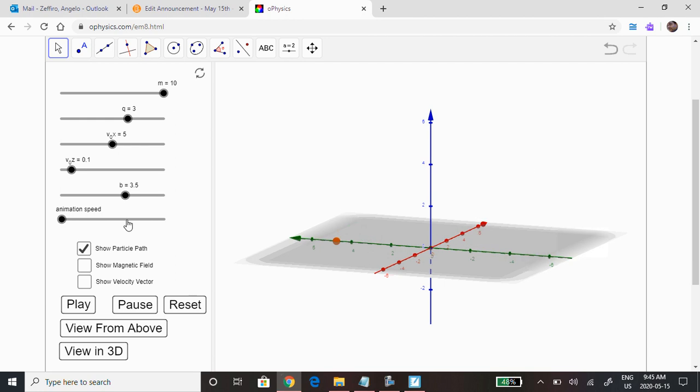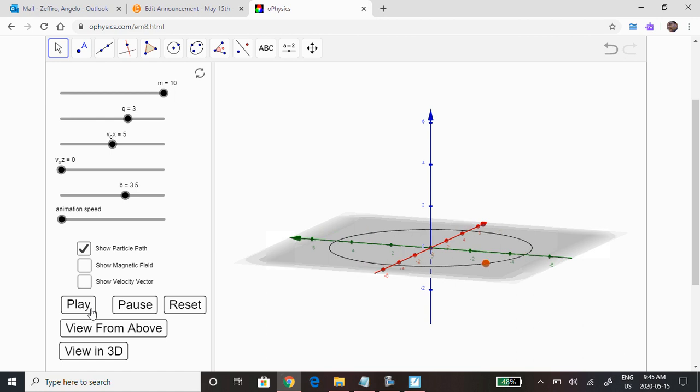Now, this charged particle right here has the ability to have an initial velocity in the x direction, which is red, and an initial velocity in the z direction, which is blue. Let's bring the initial velocity in blue, or z, to 0, and I'll play it again. And you'll see that the particle is confined to uniform circular motion.